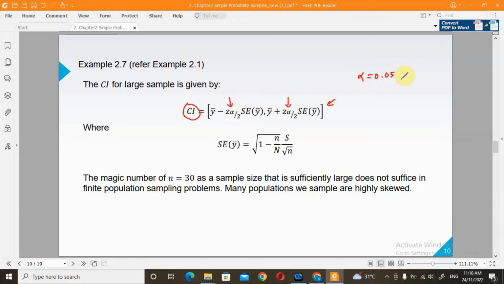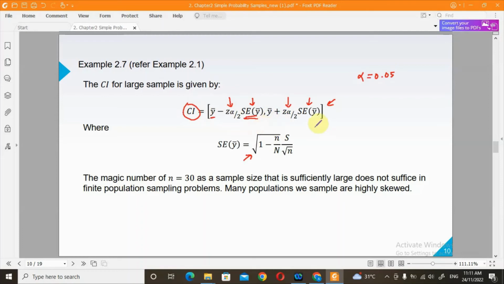You must also calculate the standard error of y bar, for which you can use this formula. If you are going to calculate the confidence interval of y, the mean score, make sure that you use the standard error of the mean score at the back here.